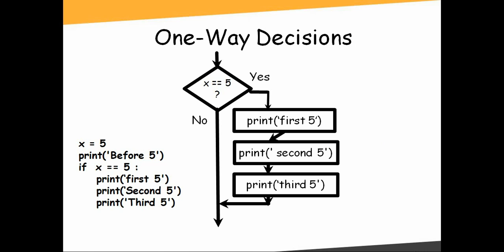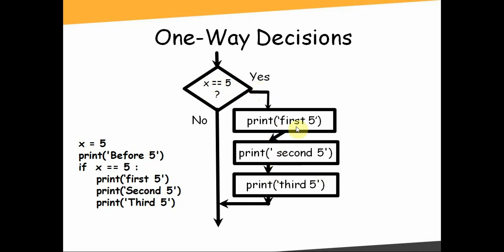First we will see the one-way decision. Here we are checking, say, x equal to 5. Some value is stored in x, and that value we are comparing in this statement, whether x is equal to 5 or not. If it is yes, it prints these 3 statements.